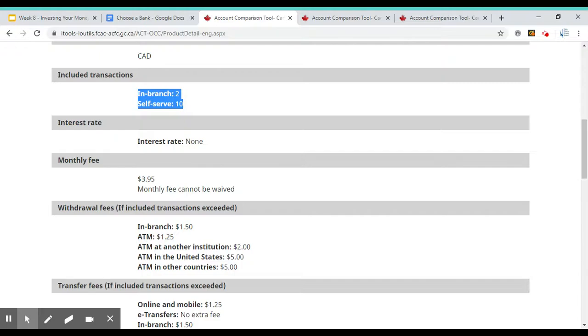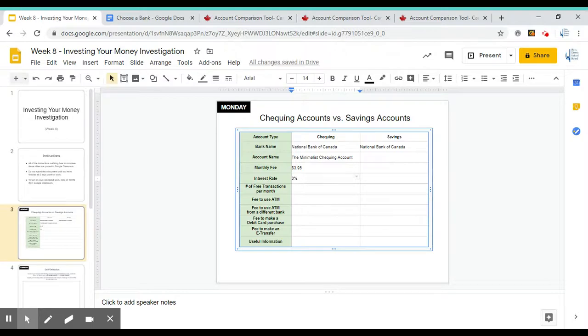It could be going in and taking money from a teller. All of those are transactions. So this one allows you 2 in branch. So that means 2 actually at the bank at a teller, and then 10 self-serve. So that would be 10 either with online banking or at a banking machine, or using your debit card at a store. So for me, I'm just going to add those 2 together, and I'm going to write that that's a total of 12. So I'm going to write in number of free transactions is 12.